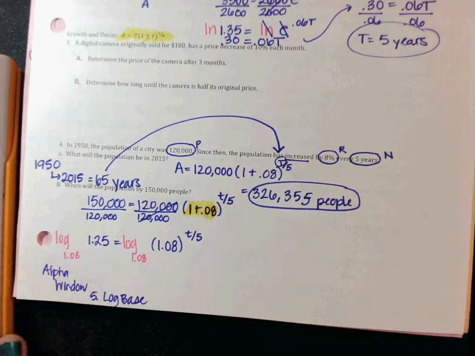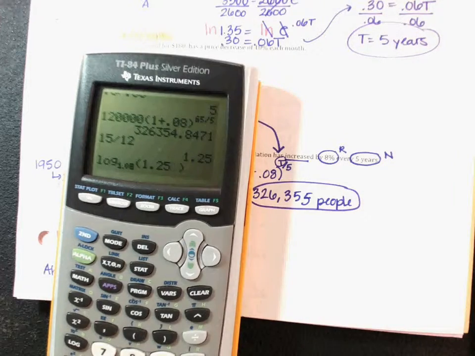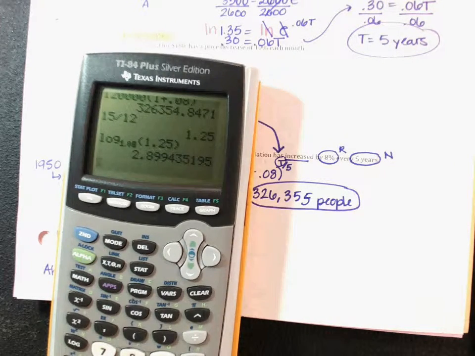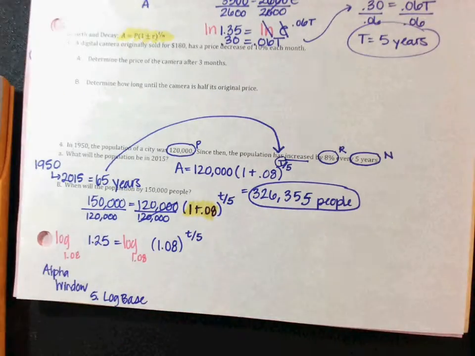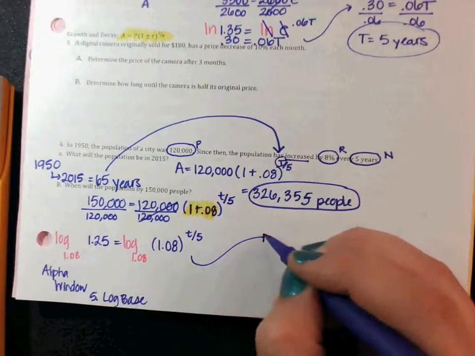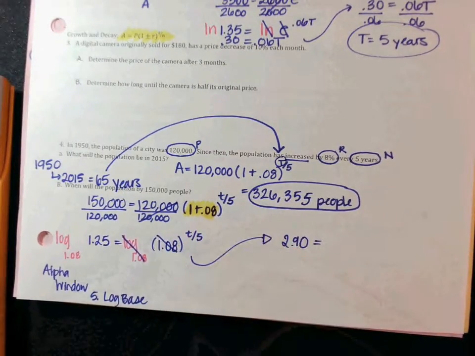So alpha window 5, 1.08 is my base, 1.25 is my regular number that goes in the middle, just like that. Okay, so I got 2.899. I'm going to bump that up to 2.90. So I have 2.90 equals log, and the 1.08 are gone.